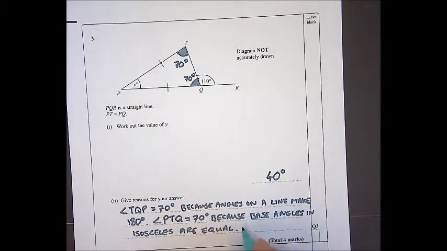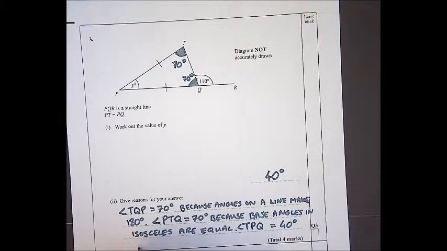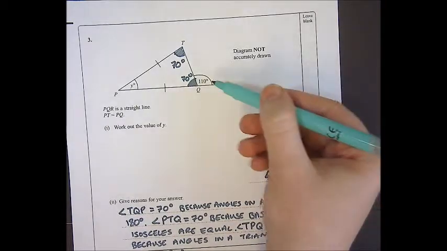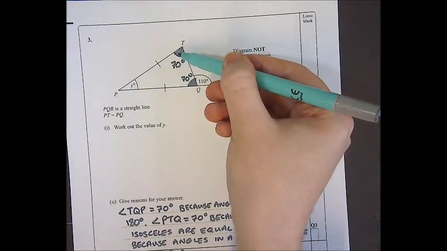And the reason being, TPQ equals 40, because angles in a triangle make 180. Every step of the way we have explained what assumptions we have relied on: angles on a straight line, base angles in isosceles, and finally angles in a triangle.